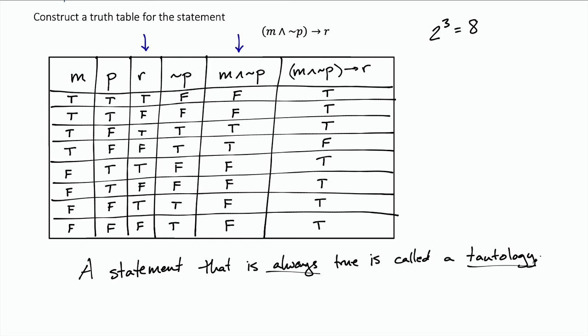And that's going to be useful for us when we look at one application of truth tables, which is evaluating detective arguments. So this is not quite a tautology because we've got that one situation where our statement is false.